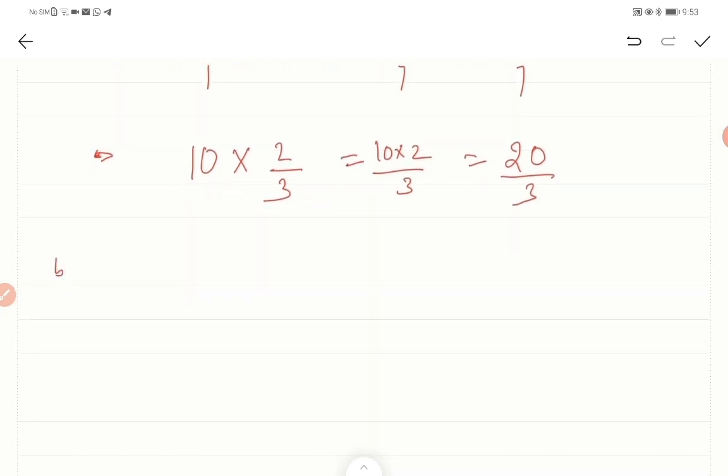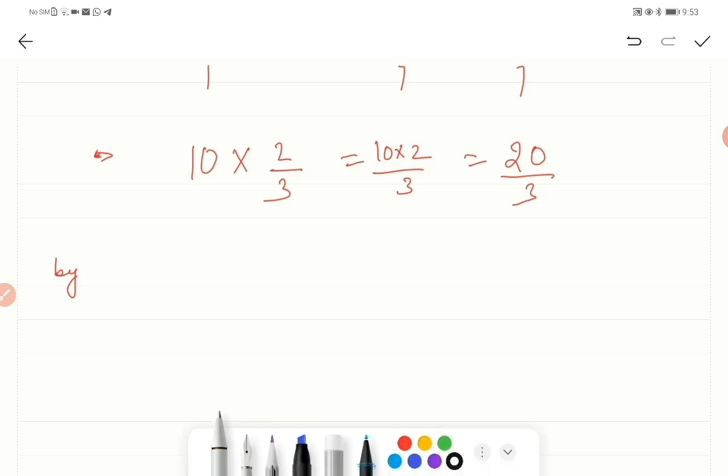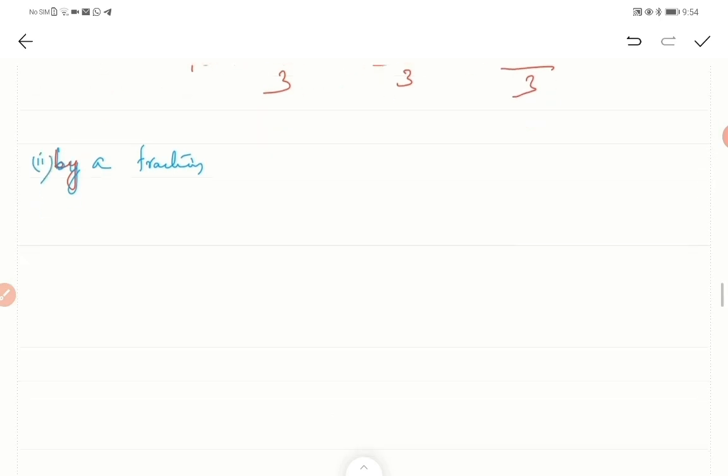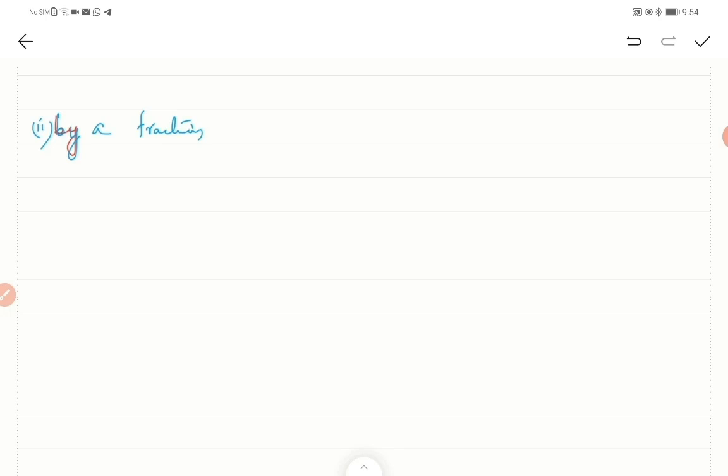Now let's see multiplication of a fraction by a fraction. That means you'll have two fractions. How to multiply those two fractions? Let's see now. Again, it's very simple.